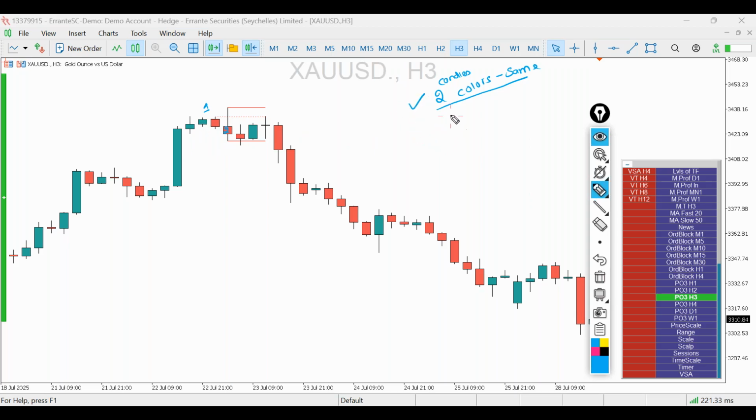Now what we need is that there must be a higher high and a lower low. Do we have a higher high and lower low? Now let's see. See, this is the high, higher high, and this is the low, lower low. So we have this second thing also done.